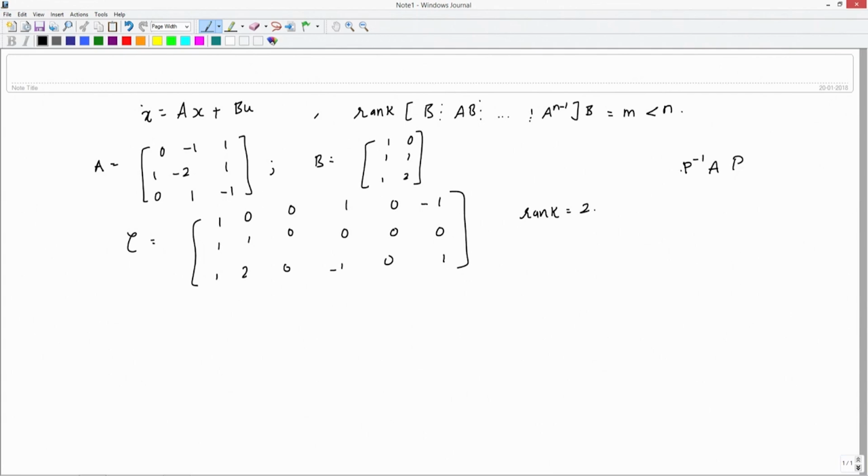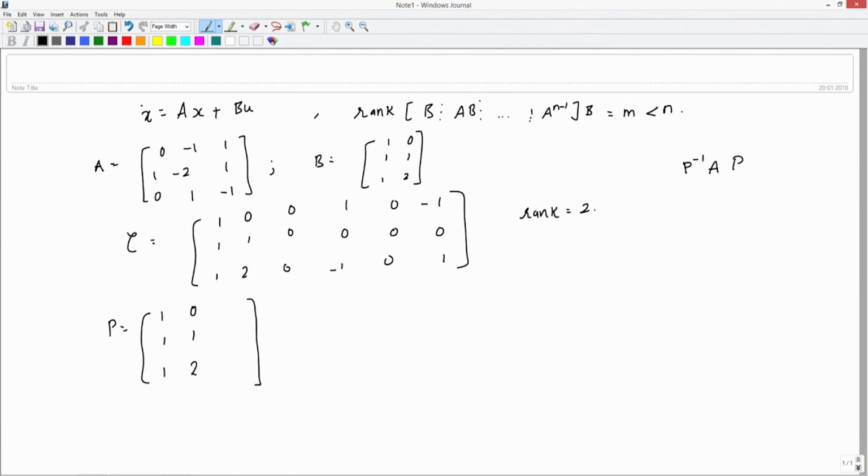Let us construct this P in a nice way. Let us say P is, I take two independent columns from this controllability matrix. The obvious ones are directly from the B matrix.